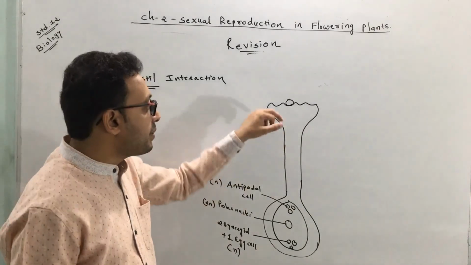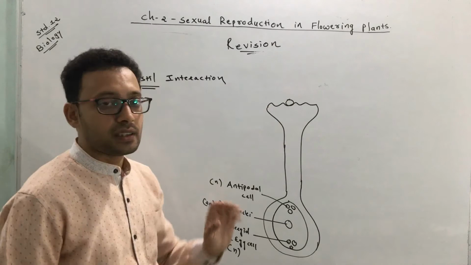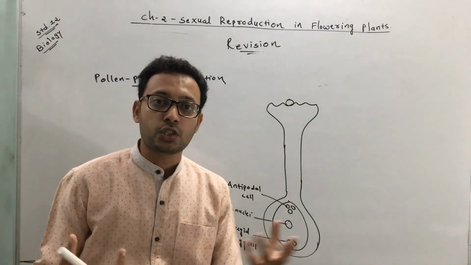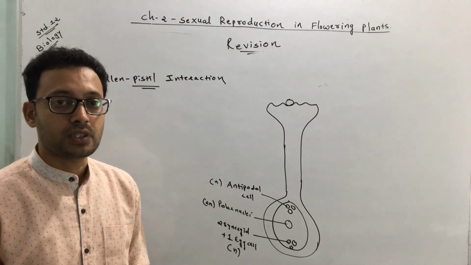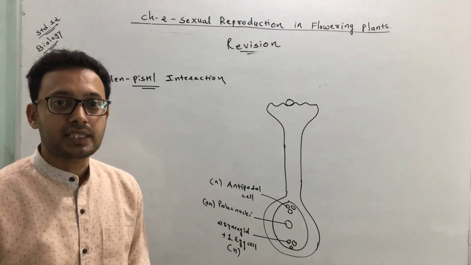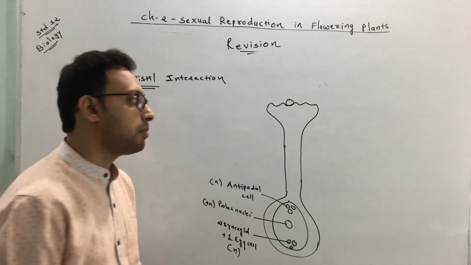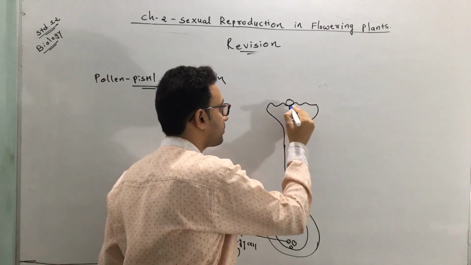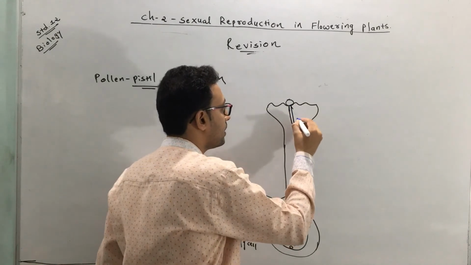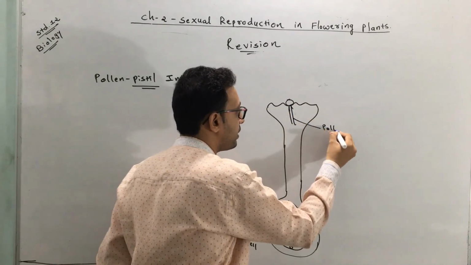The communication occurs between the pollen and pistil with the help of chemicals or hormones, by which the interaction takes place. If it is compatible, then it is accepted, and there is development of a tube-like structure. This tube is called the pollen tube.